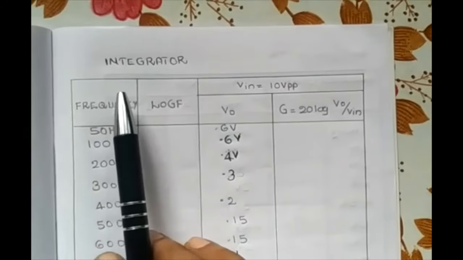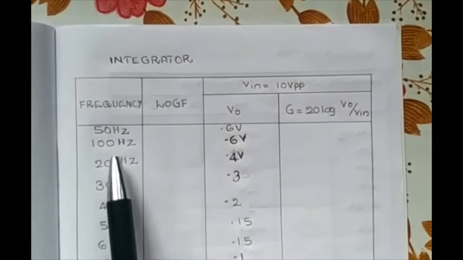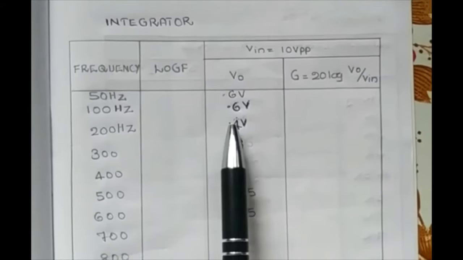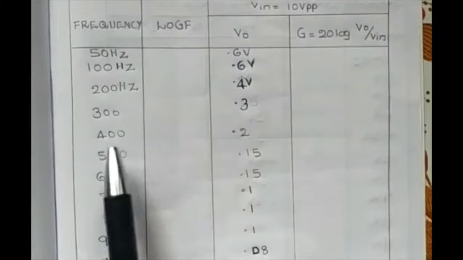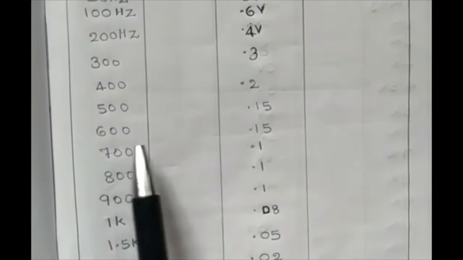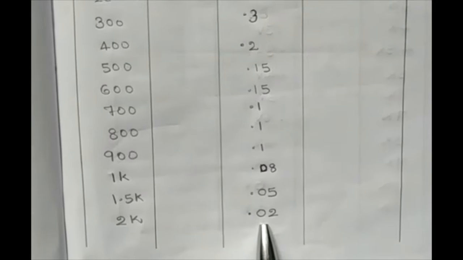This is the observed reading of the integrator circuit. At 100 Hz Vout is 0.6 volt, 200 Hz 0.4, 300 0.3, 400 0.2, 500 0.15, 600 0.15, up to 900 Hz 0.1 volt, 1 kHz 0.08, 1.5 kHz 0.05, 2 kHz 0.02.